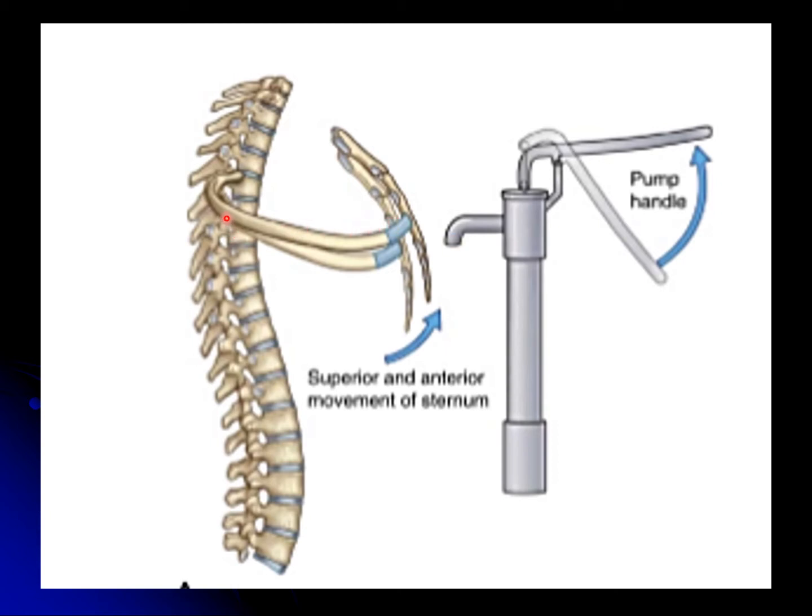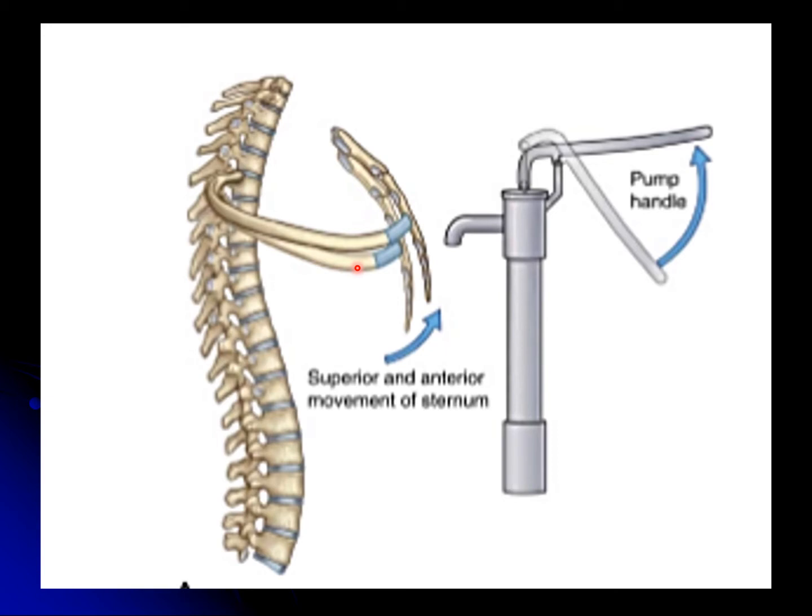If we can see here, this is the normal structure of the sternum and vertebral column at the time of expiration, or we can say when there is no inspiration.